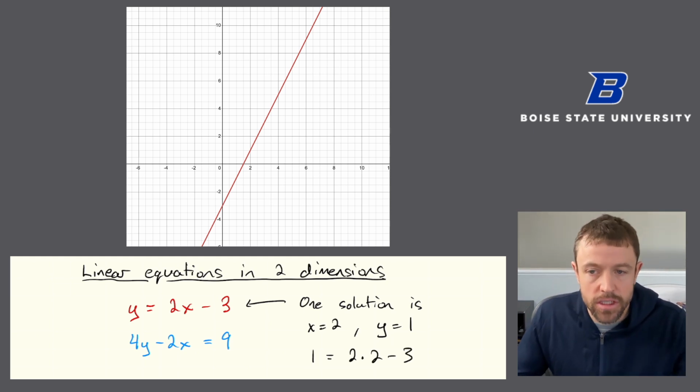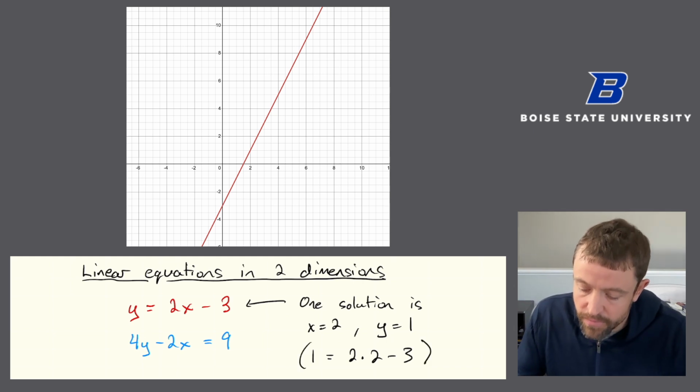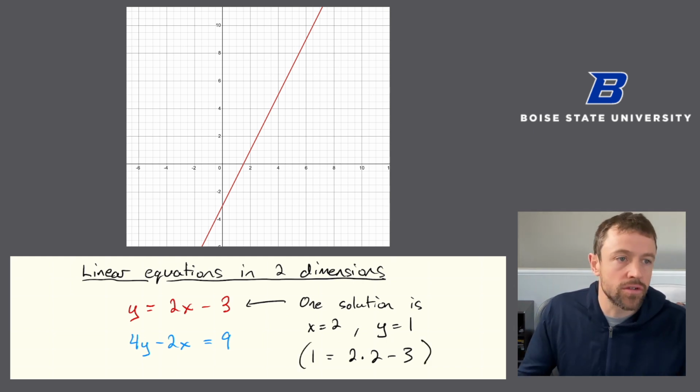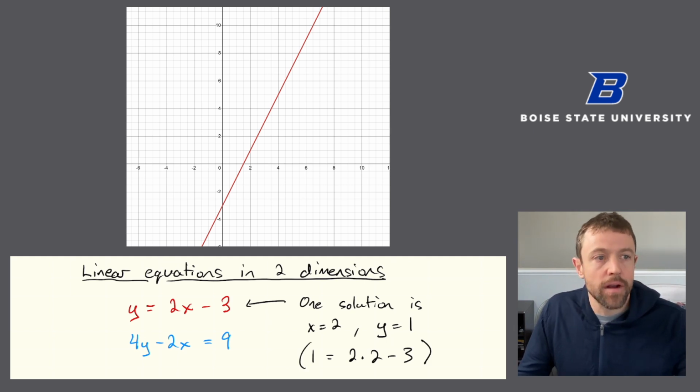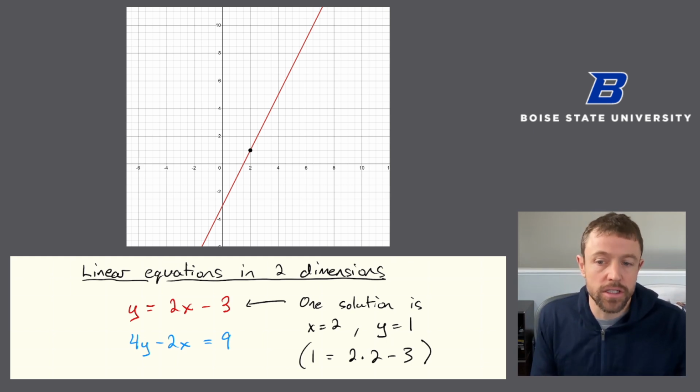So a solution is just a set of values of the coordinates that make the equation true. And in terms of a graph, when I put the point 2, 1 on the graph, x equals 2, y equals 1, that point lies on the graph. So the graph of a linear equation is actually just all of its solutions. That's really what that means.